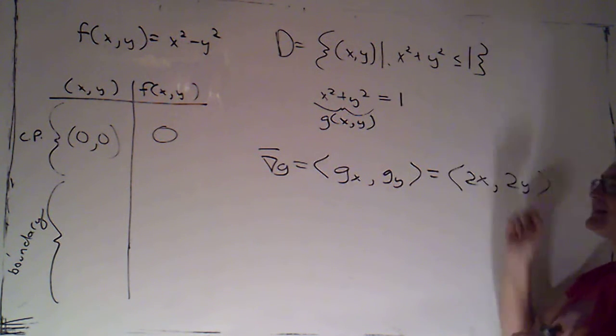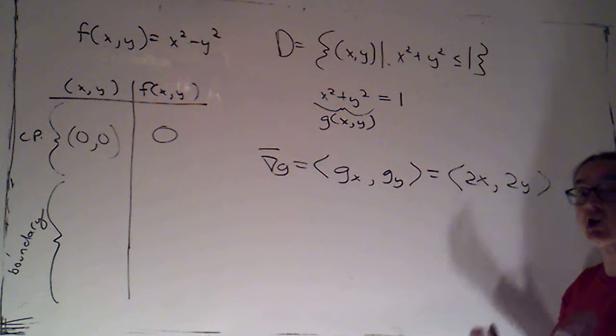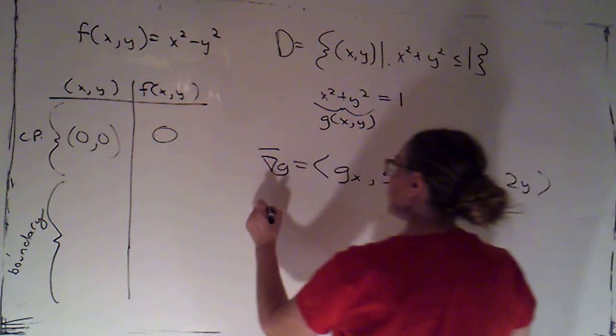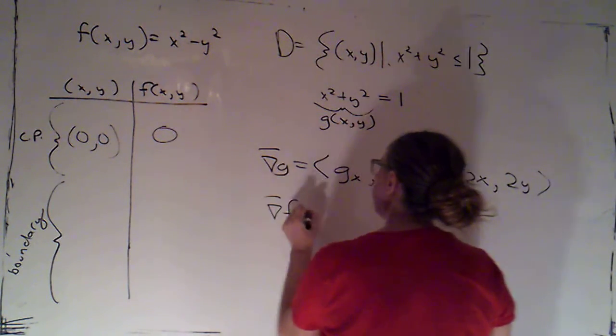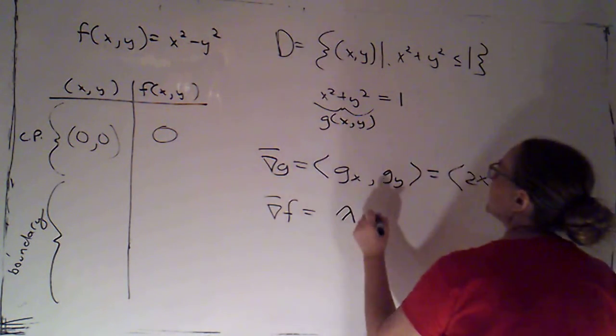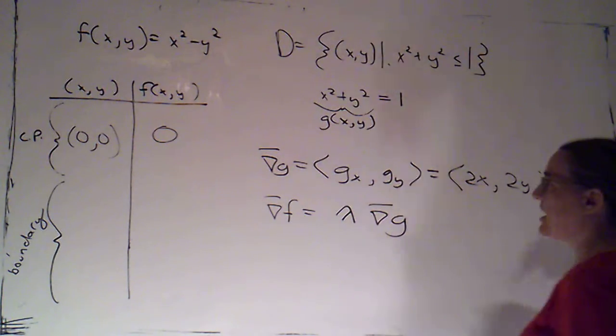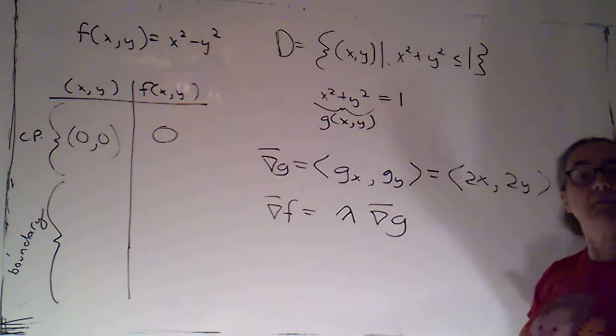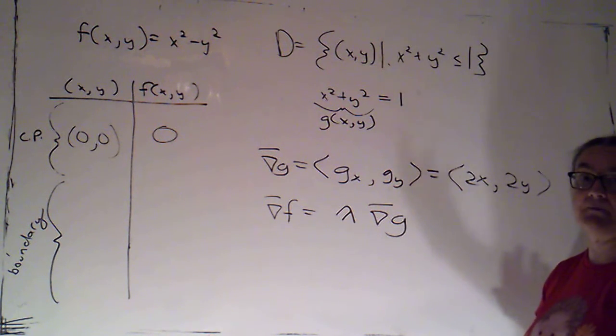Okay, so this is never 0 on the constraint curve. We can use Lagrange multipliers. So we're looking for places where the gradient of f is lambda times the gradient of g. I'm going to use that together with my constraint equation to come up with a system of equations.